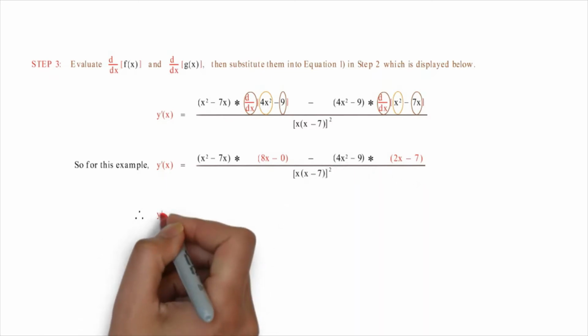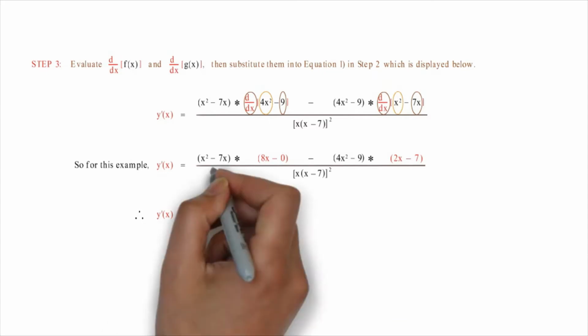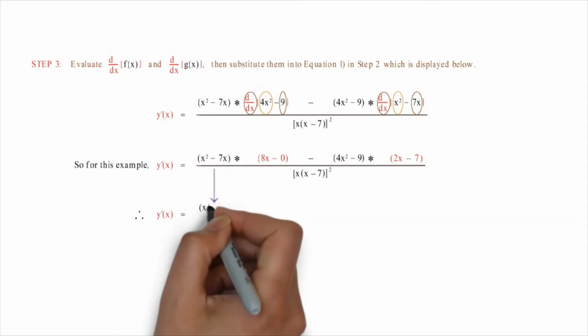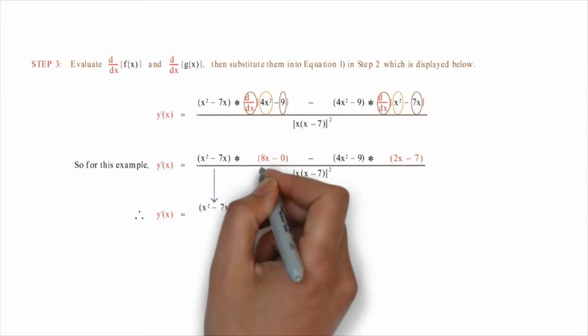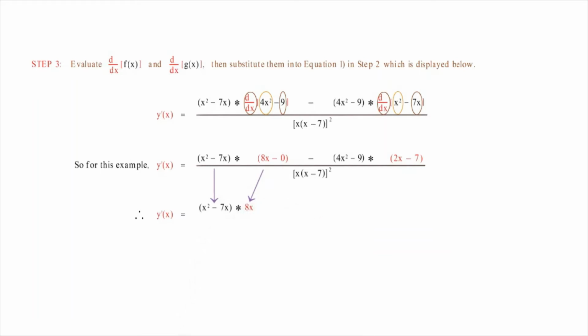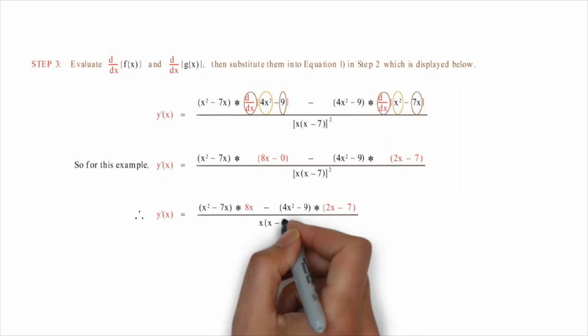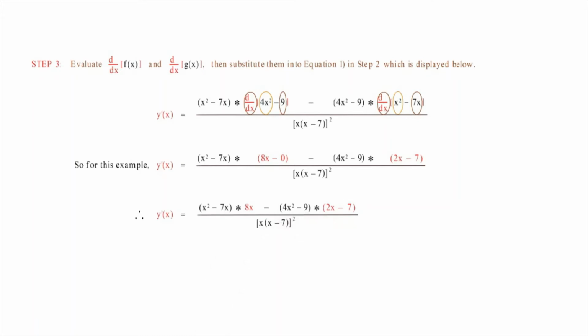Therefore, y dash x equals, bring down x squared minus 7x times bring down 8x, minus bring down 4x squared minus 9 times bring down 2x minus 7, divided by x(x minus 7) all squared.